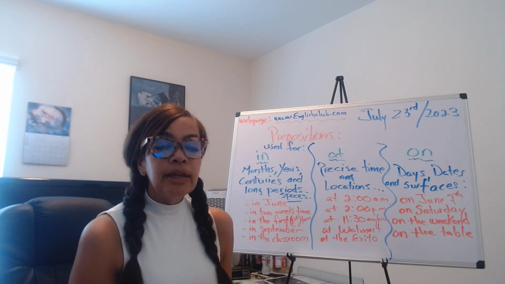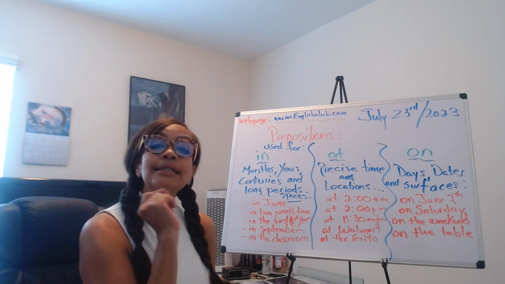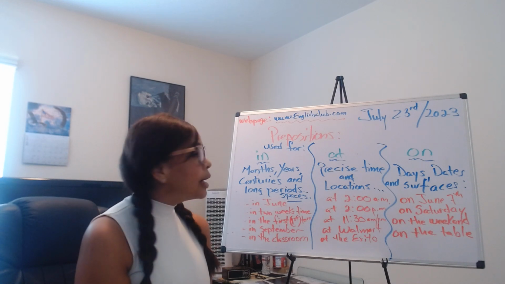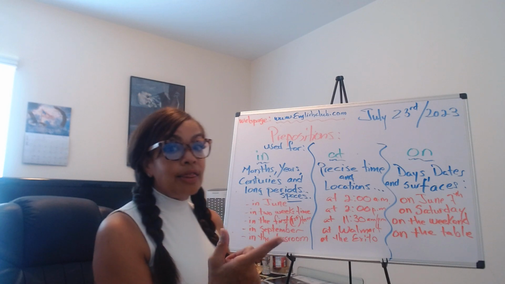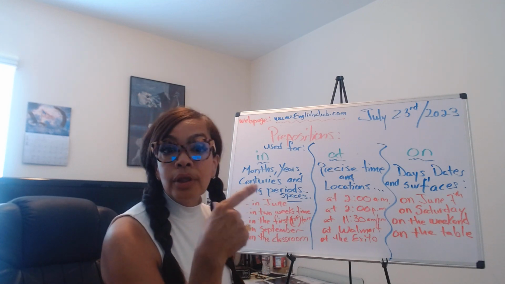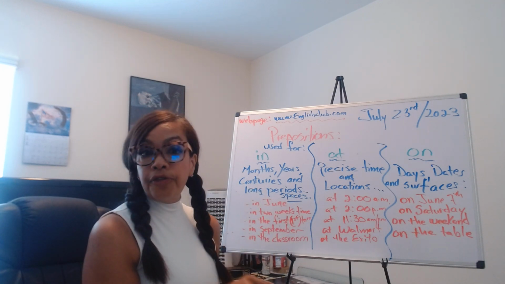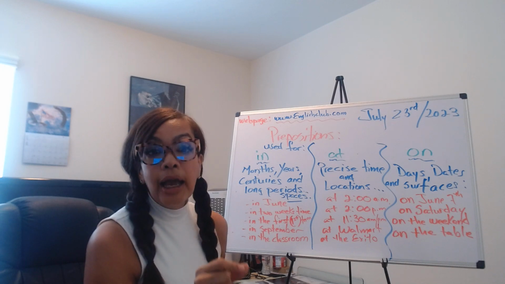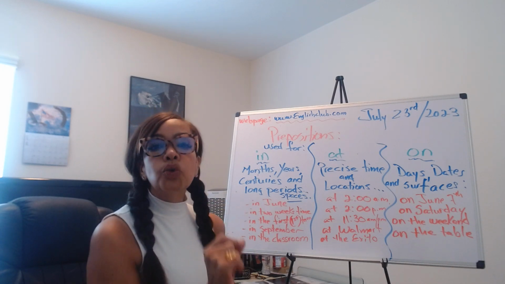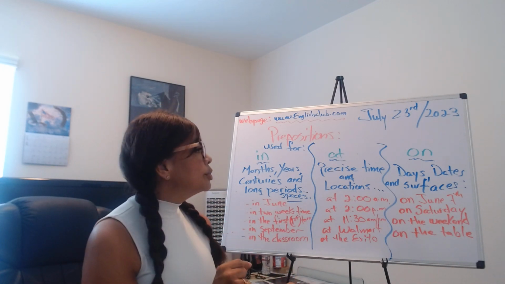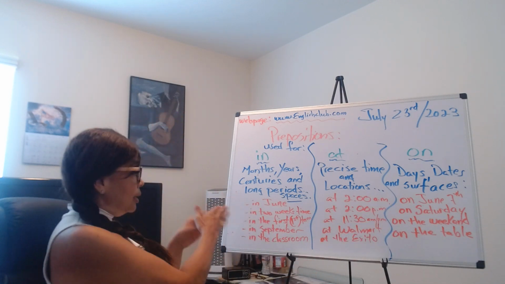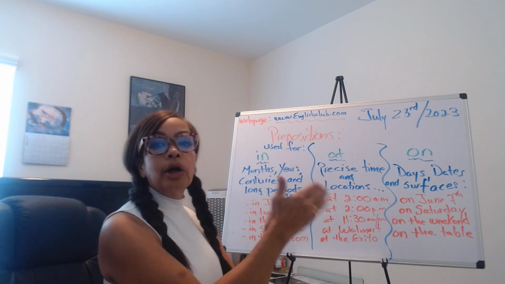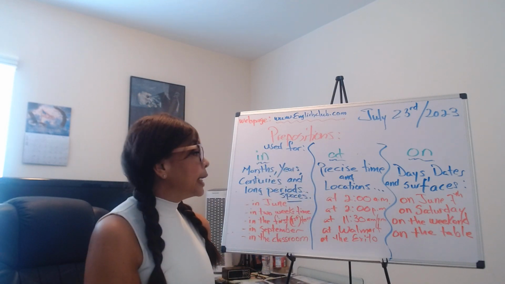But if I want to know the specific date, la fecha específica, I would say, oh, on June the 7th, on June the 8th, on February the 24th, on July the 15th, on November the 20th, right? I would use on because it's specific, okay? In general, in the month, on a specific date, okay?